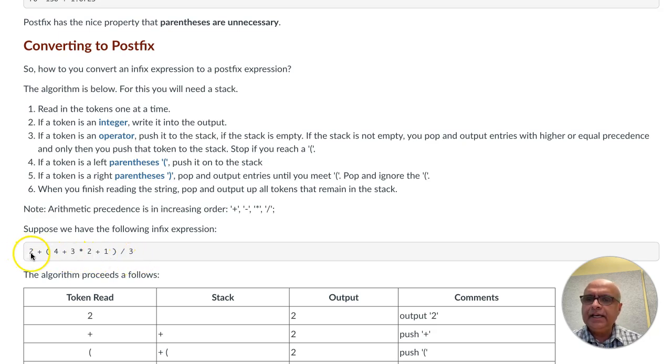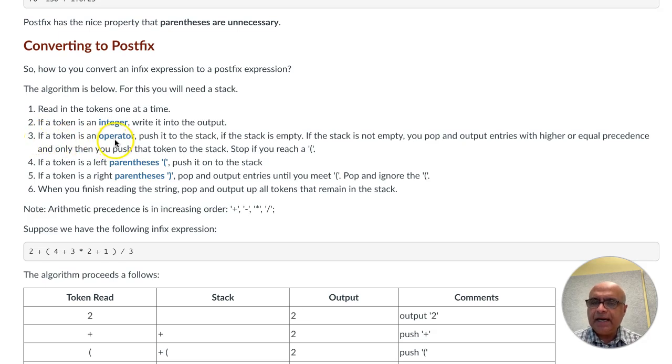You would read each token one by one and take a certain set of steps. At a high level, it is the following. If you encounter an integer, you just output the number. The output represents the postfix notation that you are creating.